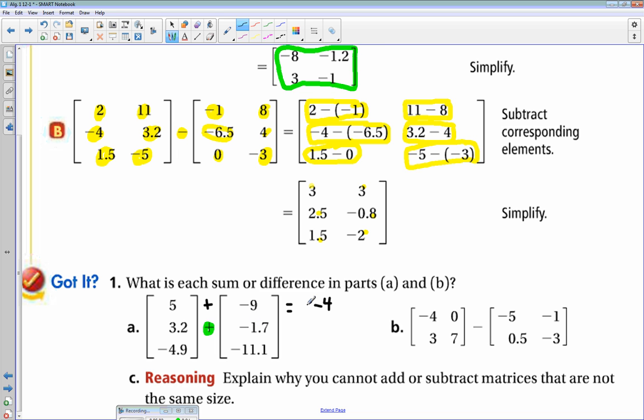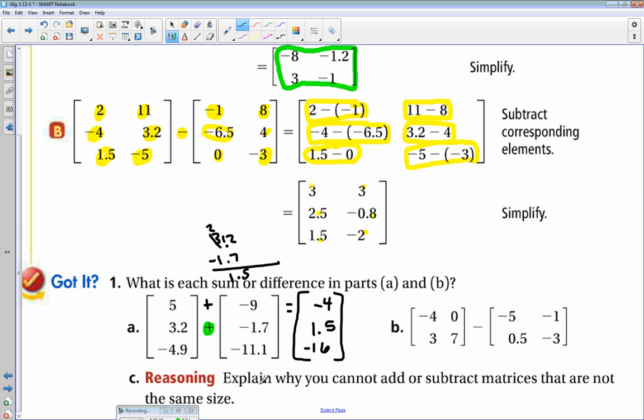So that is like 3.2 minus 1.7. And that's 1.5. So you just go straight across. And then I got negative 4.9 plus negative 11.1. And that will give us negative 16. So we have negative 4, 1.5, and negative 16.